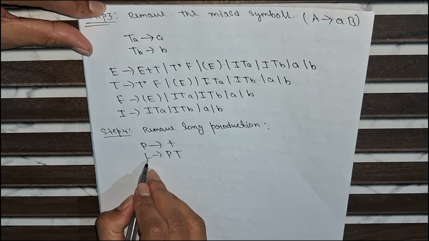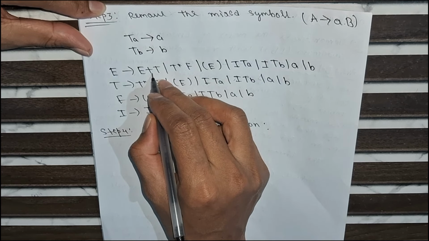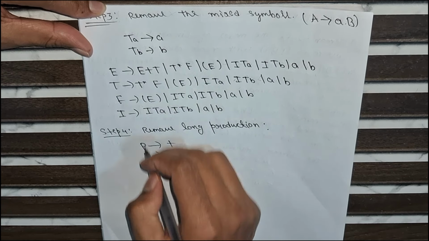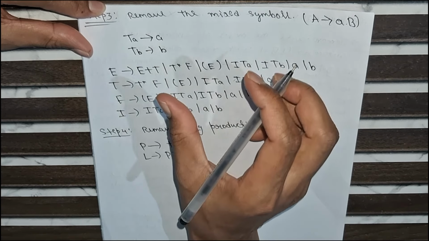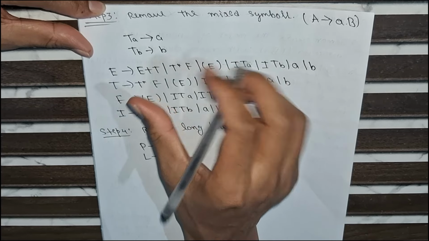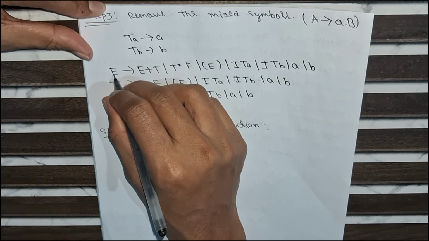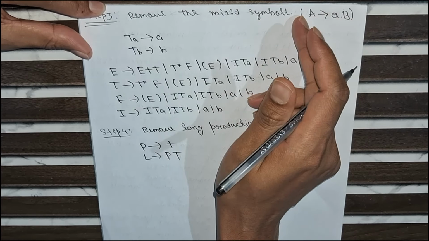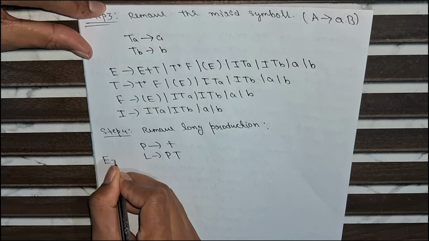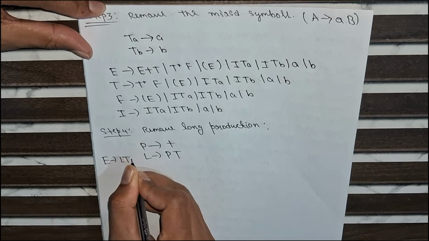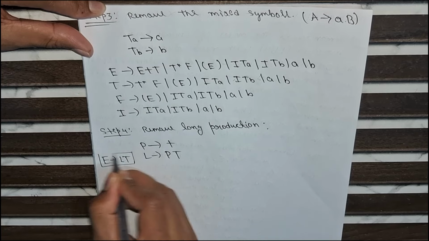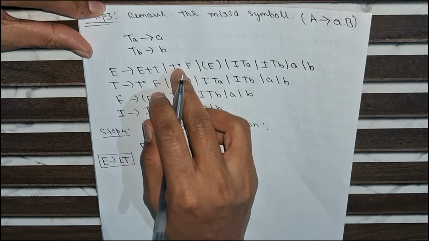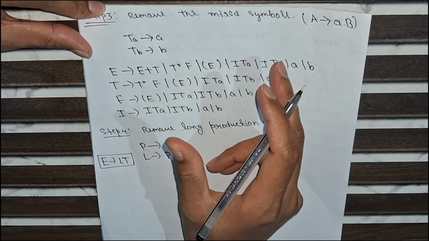Now this L covers the whole part of E and plus, so it becomes a single variable, and after L and T I will write it as two variables of a single production E, which satisfies the condition of a Chomsky normal form. Like E implies L T. Now this is satisfying the condition of a Chomsky normal form. So like this I will do the same for all these long productions.